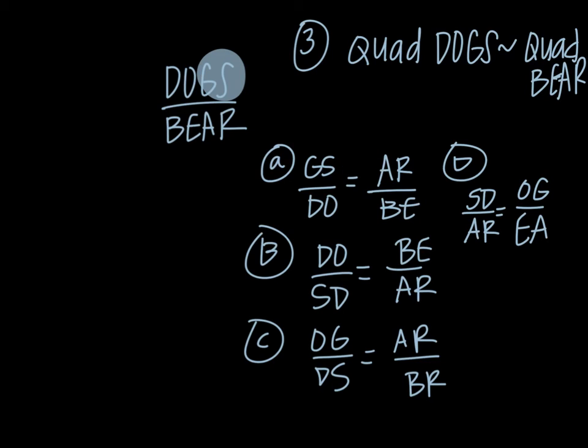It's also possible for them to go vertically. But anyway, so GS corresponds with AR, which is true. And DO corresponds with BE. So DO corresponds with BE. That's also true. So A would work.